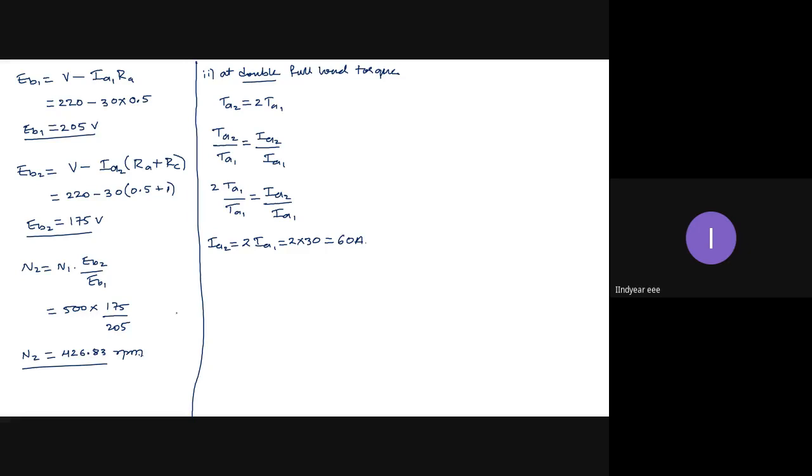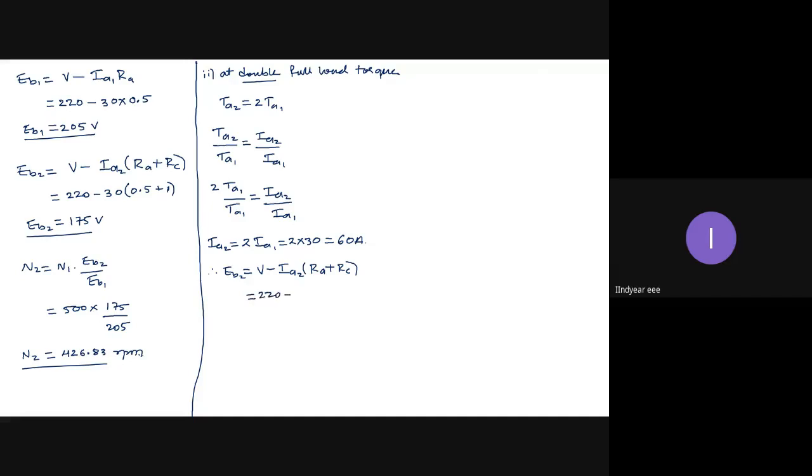So I can calculate EB2. Therefore, EB2 is equal to V minus IA2 into (RA plus RC). You should not forget there is a control resistance here.